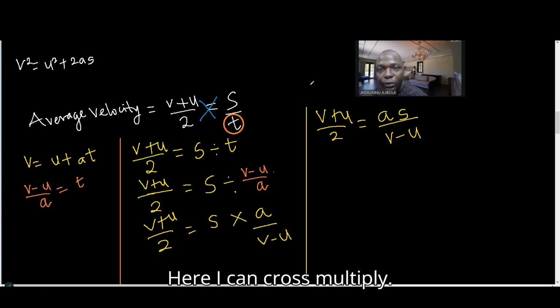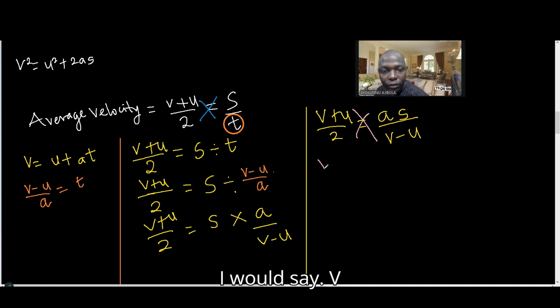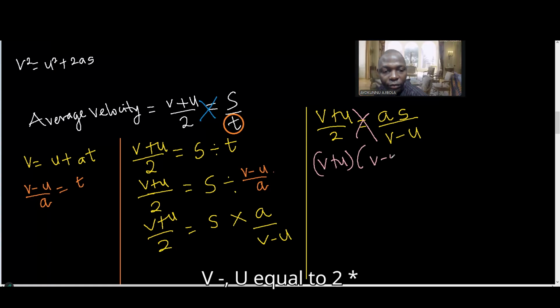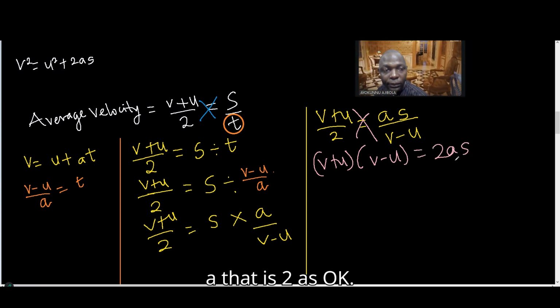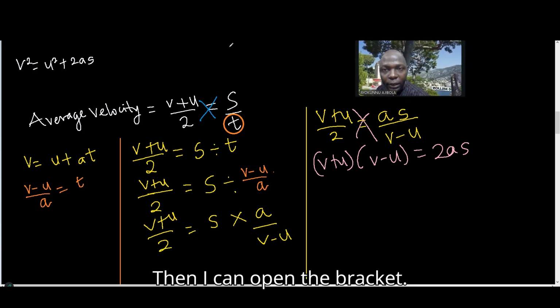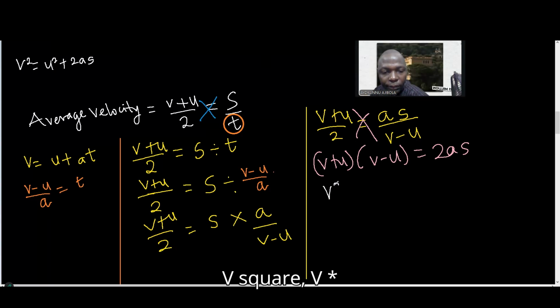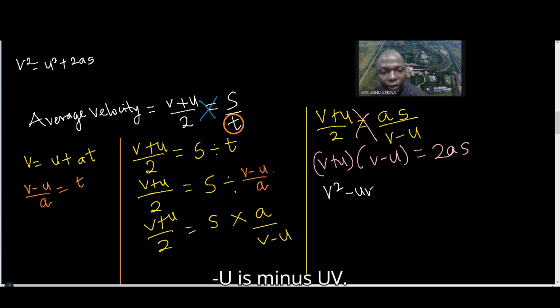Here, I can cross multiply. I would say v plus u times v minus u equals 2 times as. That is 2as, okay? Then I can open the bracket. v times v is v squared. v times negative u is minus uv. u times v is plus uv.